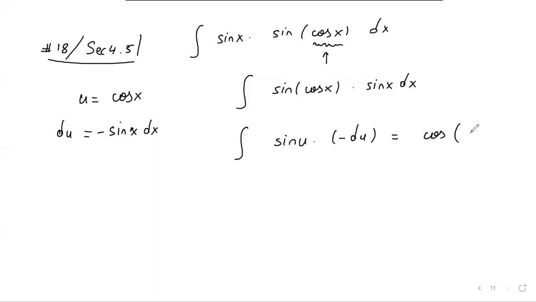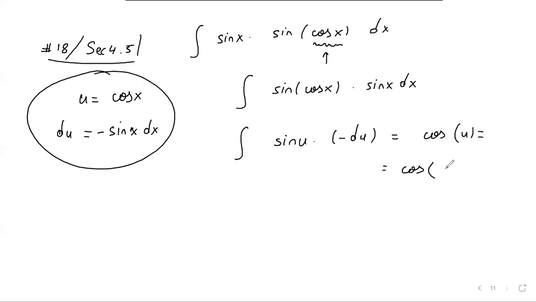So cosine u, or in my case, cosine, and instead of u, I'm going to put what u was here. Remember, on the left side, cosine x, plus a constant. So cosine of cosine x is the antiderivative of this guy over here. That is the answer to this problem. That's, as I said, the last problem. I said I will give you a hint, but that's pretty much the entire solution there.